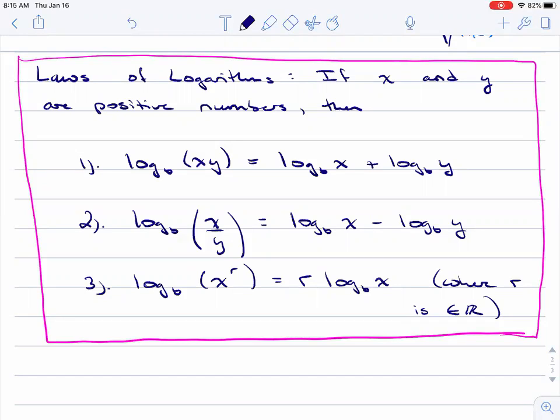And also, it explains how this one came from this one, right? Because we could rewrite this as x times y to the power of -1, if we brought this y up top. And then we would have this property: the log of x plus the log of y to the -1.